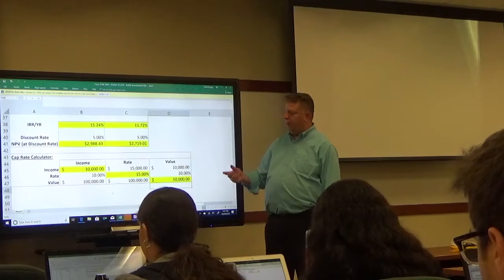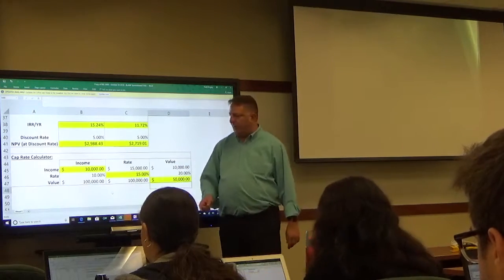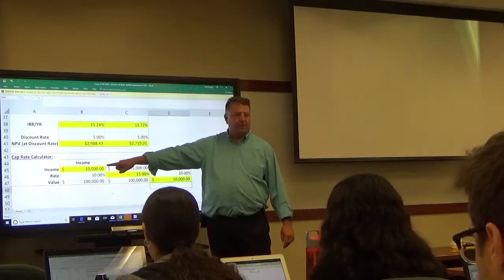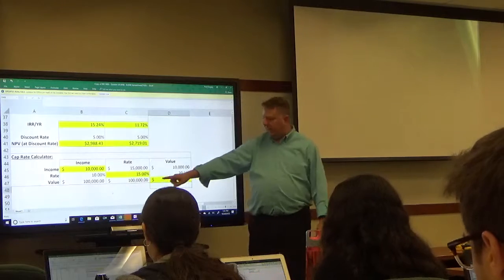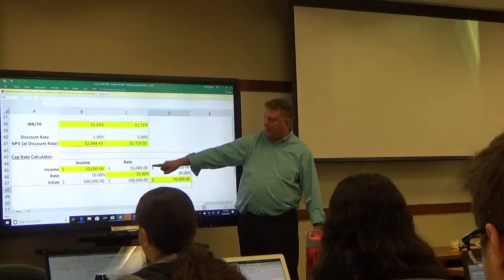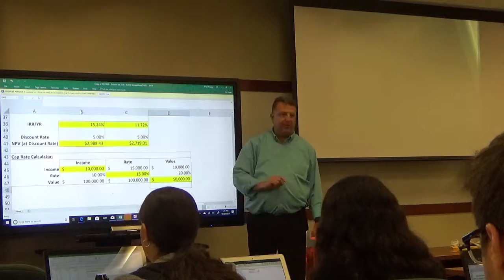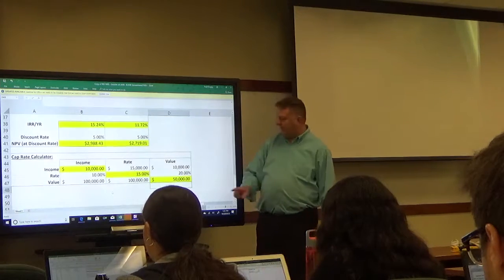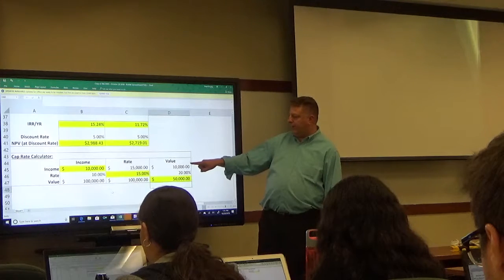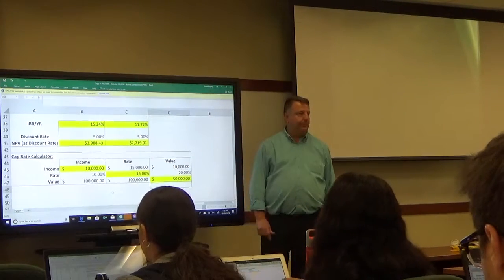In order to do that, the formula, if you remember, would be rate times value gives us income. For the cap rate, it's going to be income divided by value gives us cap rate. And then finally, to get value, we're going to take income divided by cap rate.